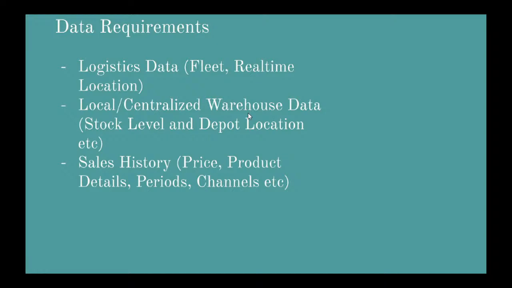And we also extracted the longitude and latitude coordinates of each individual depot and the central warehouse. Then the last data we collected was the sales history for each depot, because each depot stands as a channel for both inventory and sales.